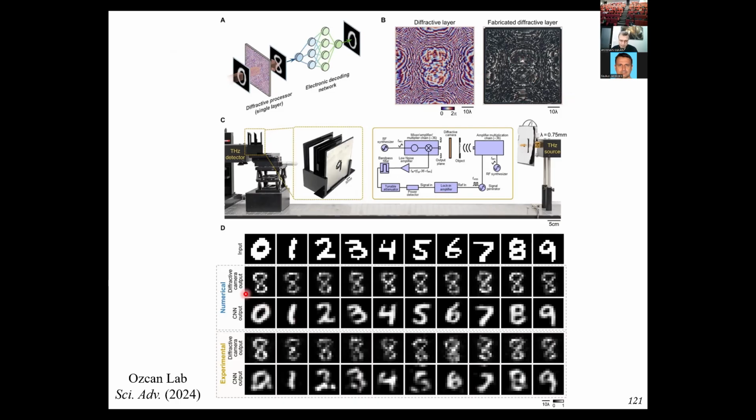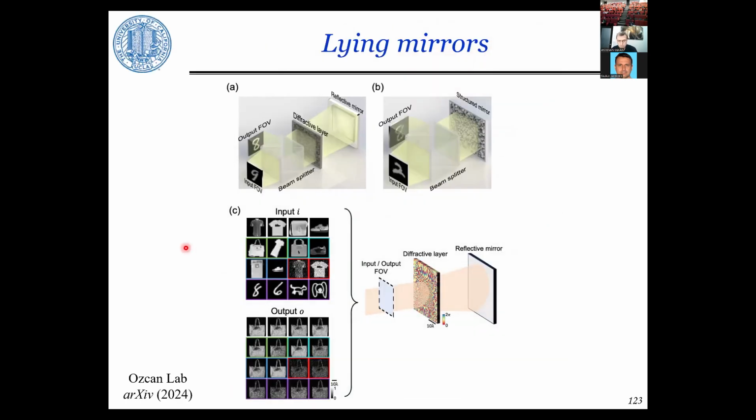These are experimental results showing you some decent reconstructions at the back end, showing you the capabilities of the system. We've also pushed this for visible wavelengths in another form. This is reflection. We call it the lying mirror, which means you have different inputs in here, and at the output in the reflection system, through this diffractive scheme, we have a boring image.